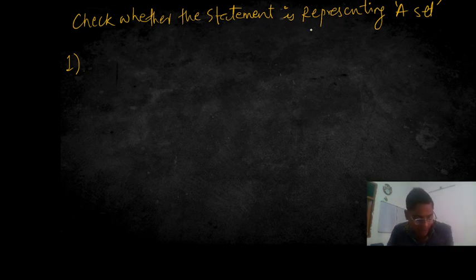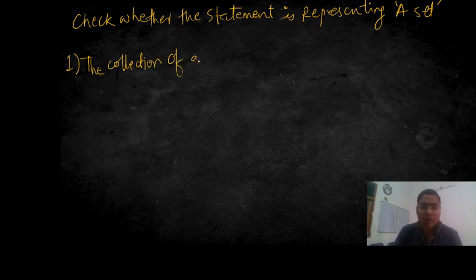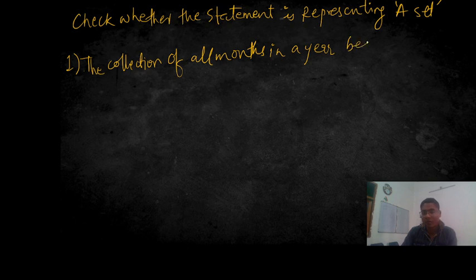The collection of all months in a year beginning with J. So can you just write the solution of this?